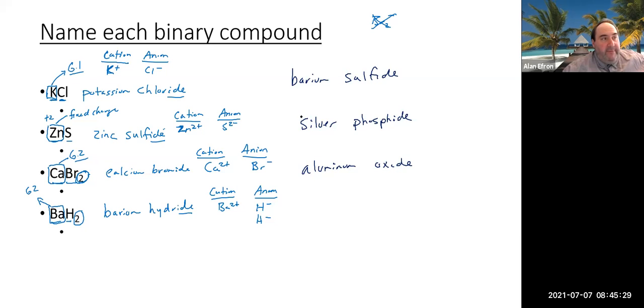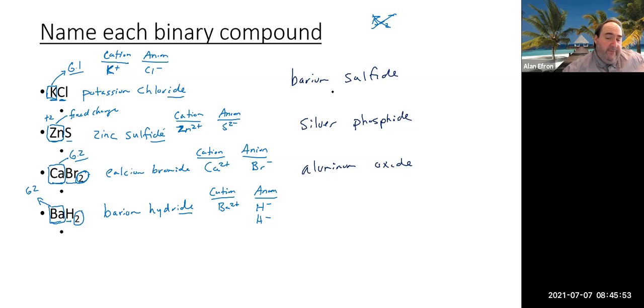But always when you have the name and you want to write a formula, especially for an ionic compound, the best thing to think about is what are the 2 basic ions that make these up, and understanding that we do want to make it equal to 0.